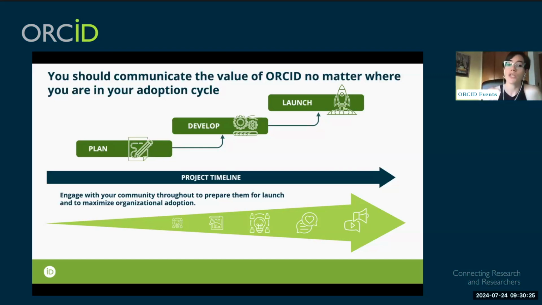Here, when we mention the plan, it is also that you consider which type of affiliations you're going to add to ORCID records, and also which group you're going to work with.